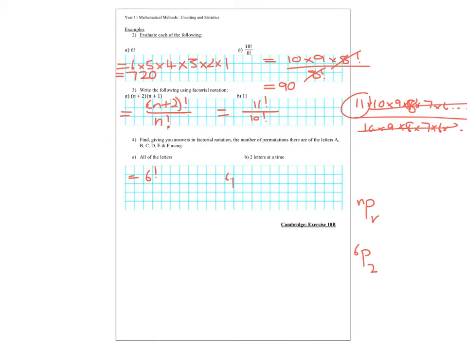So 6P2 is going to be equal to n primed divided by n take r primed. Take r, not take 2, if I'm writing in general form. So in this case, it's going to equal 6 primed, divided by 6 take the size of the group, or r, 2. So it would be 6 primed over 4 primed. And that would be your answer to that.